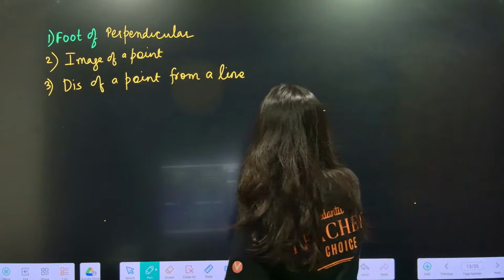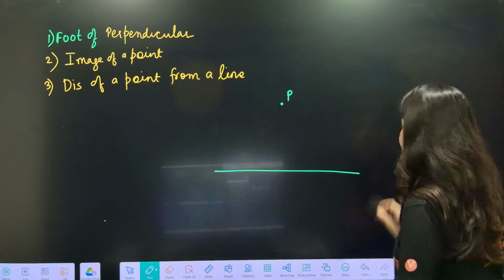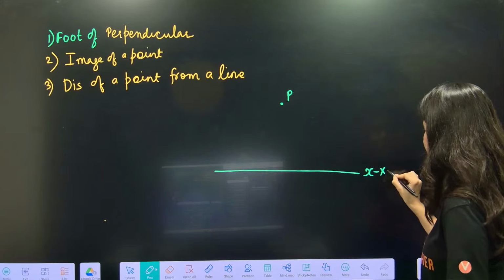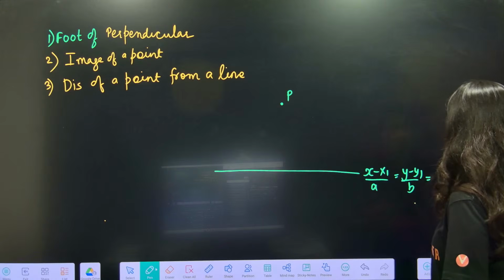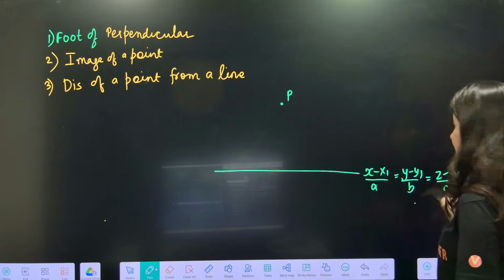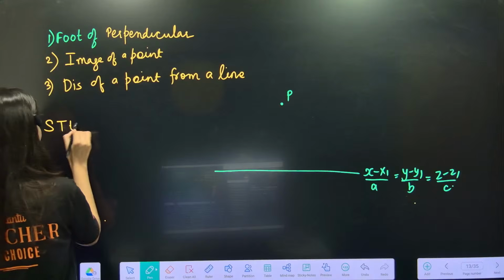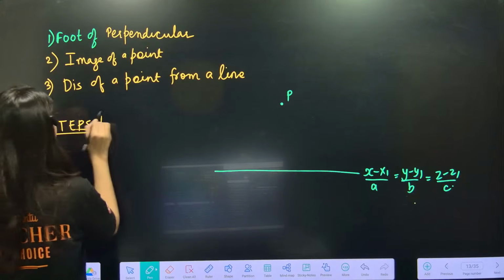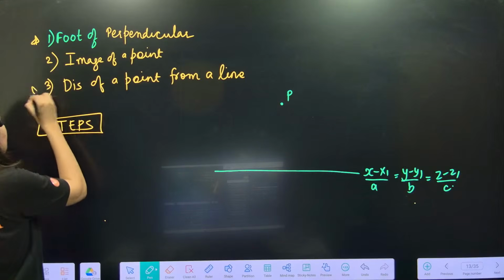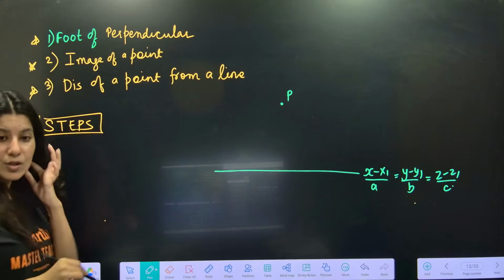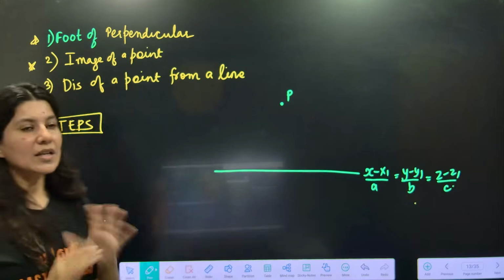Suppose you have a point P, which is a known point. This is your line, which is given as x minus x1 by a, y minus y1 by b, z minus z1 by c. I'll tell you the algorithm, the steps to find the foot of perpendicular. First we'll find the foot, then the distance, and then we can find the image also. If you can get the foot of perpendicular, then you can calculate anything.